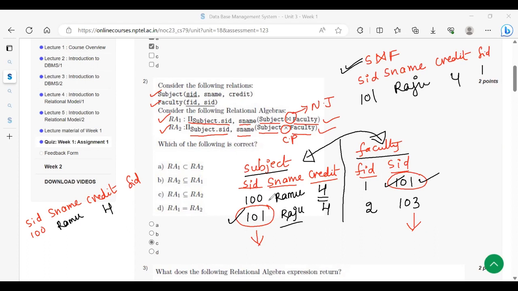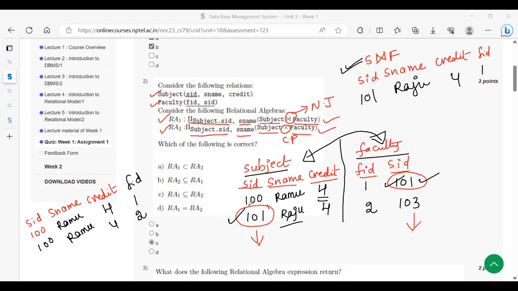When I say cross join, 100 Ramu 4, we need to write FID. 100 Ramu, FID is 1. Second, again you get in the cross product 100 Ramu 4 and 2. So this is called a cross product.